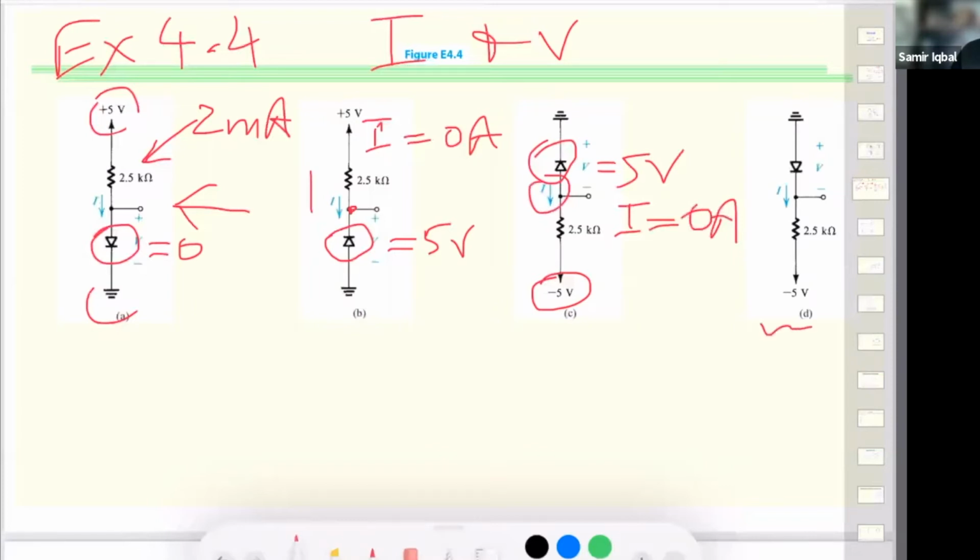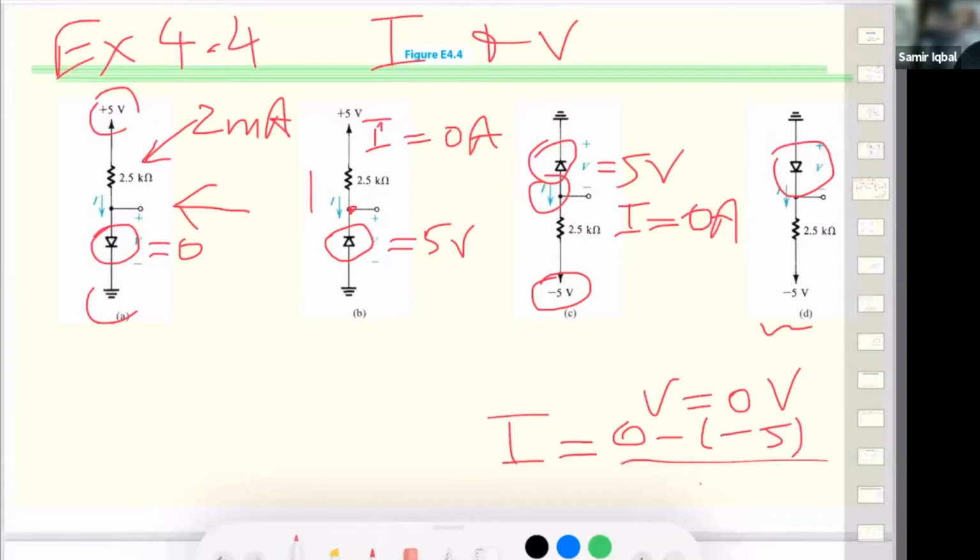Now in this case, this is reverse biased. So voltage here is 0, but the current is, of course, the difference between the two, 0 minus -5, divided by 2.5, which is 2 milliamps again.